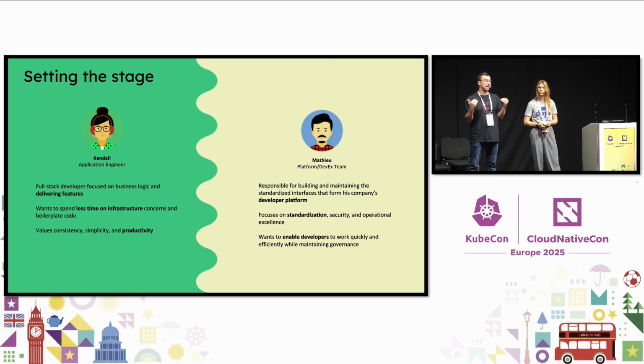The goal for this is better collaboration, as well as enabling the developer to focus on their productivity. They want to ship value to the business, to the end user. How could we help them and avoid what we call the cognitive load? How could we reduce the friction for them to adopt the platform, to use the platform?